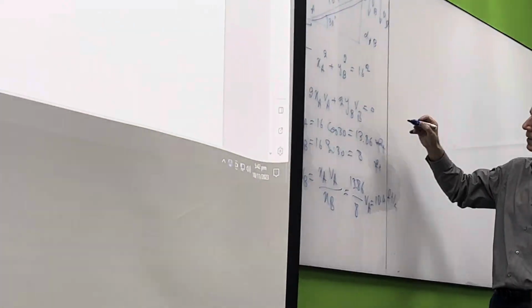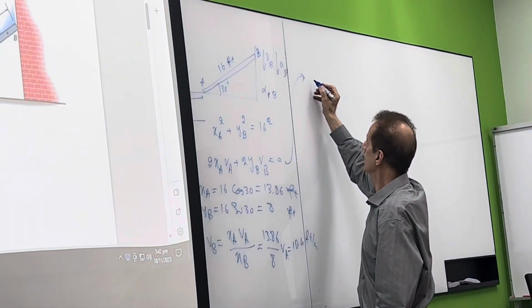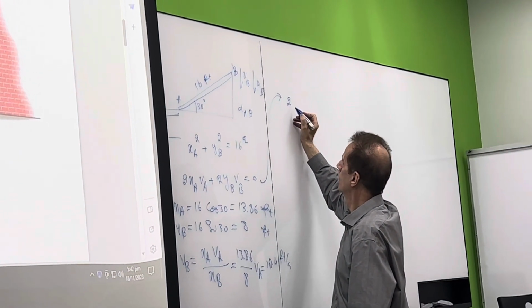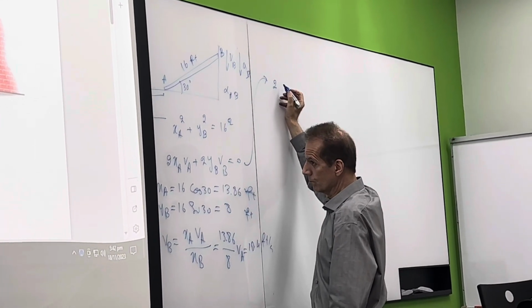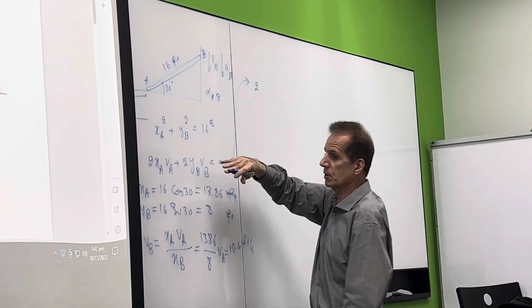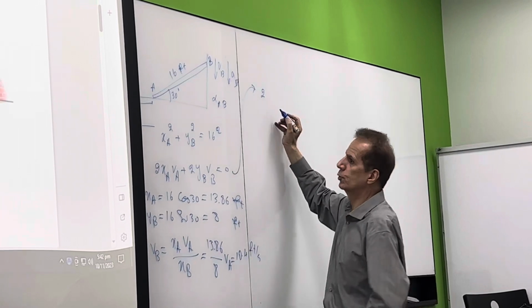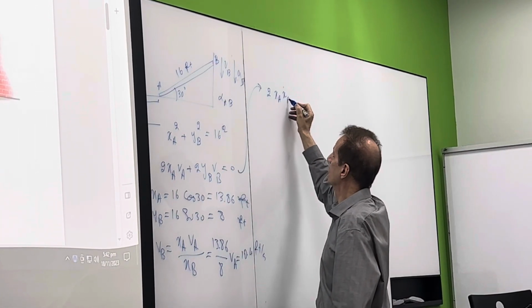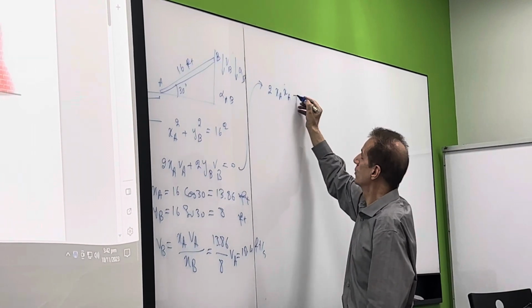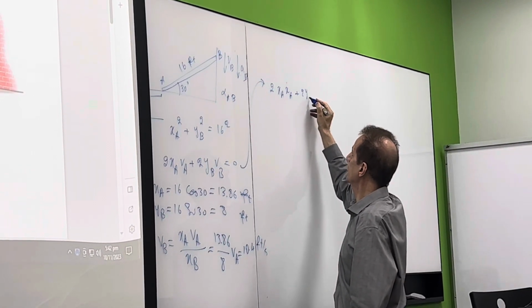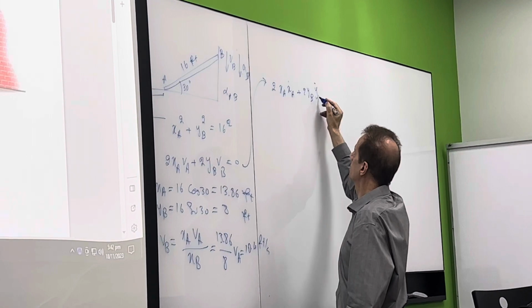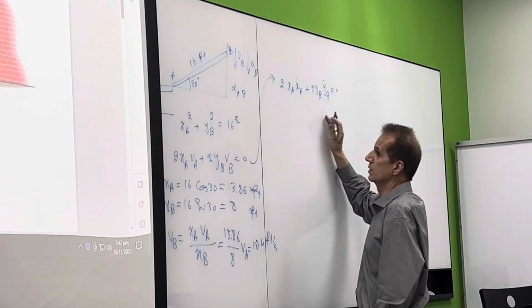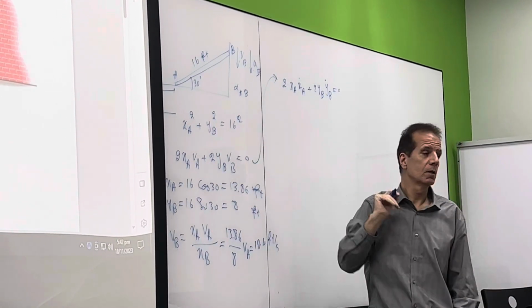Now we go here and take another derivative. Let me write that equation again. It is 2 xa x dot a plus 2 yb y dot b equals 0. It's the same equation, right?